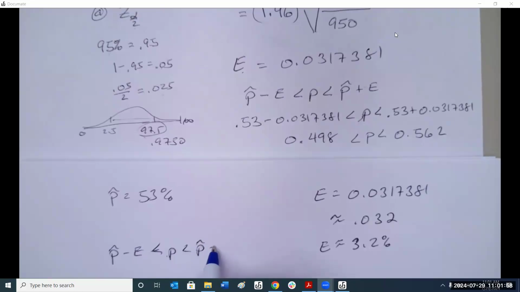And if we look at this, we have 53 minus 3.2, 53 plus 3.2, we'll get 49.8, 56.2.